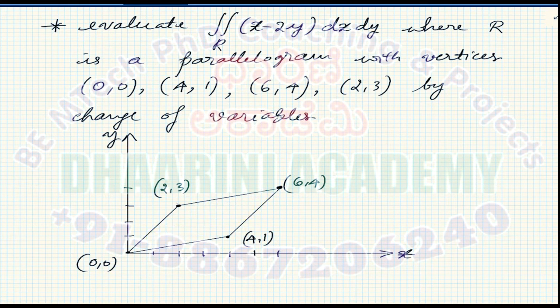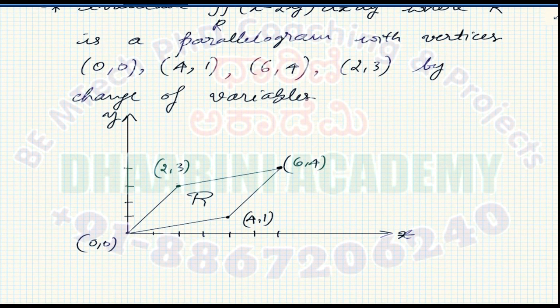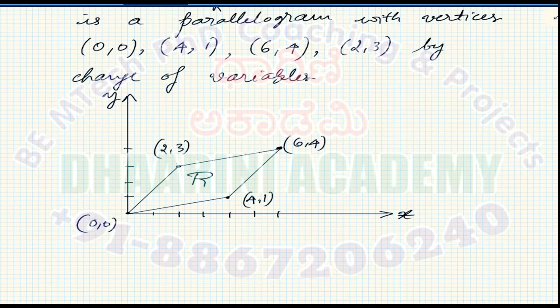So let me denote that by capital R. Now, whenever such a problem is given, it's better if you write some diagram like this for your reference. That will help you a lot. And in the next step, always try to find out what are the boundaries of your region.